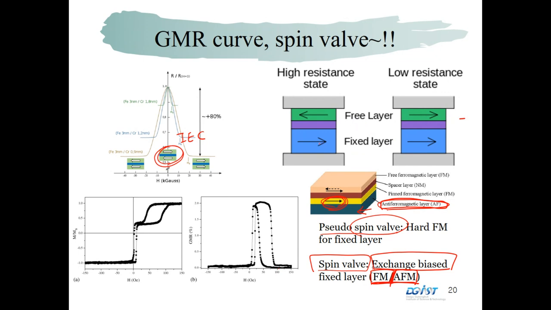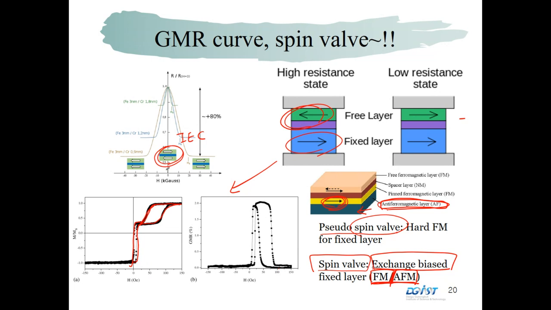In that case, the loop is something like this. Let's imagine the MH curve. This part represents the switching of the free layer. It can be easily switched with a small field. While this part represents the switching of the fixed layer.